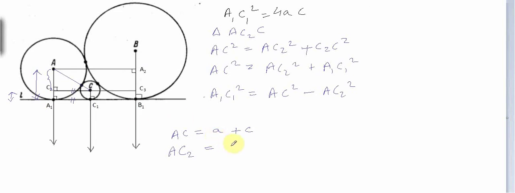So A minus C is what we have. So we put this value of AC and AC2 over here, and we get the following.